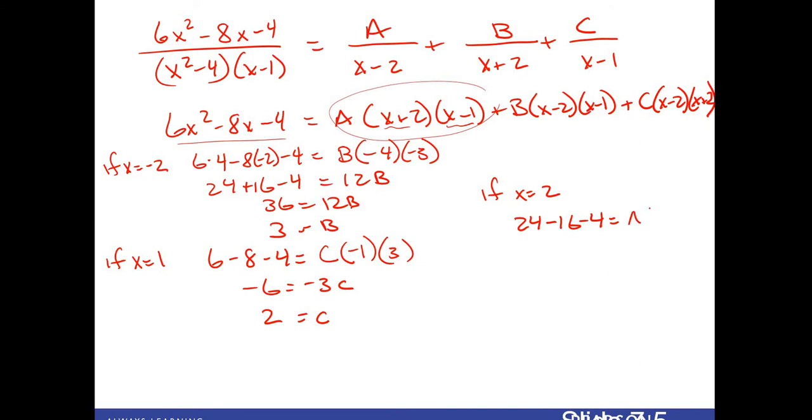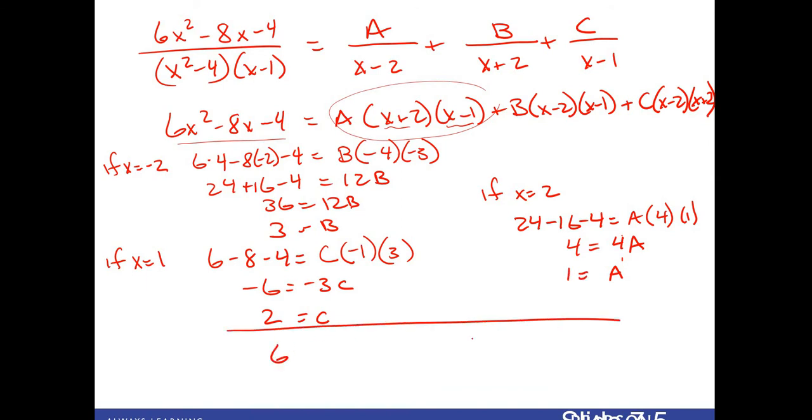So I have a times 4 times 1. On the left, 24 minus 20 is 4 equals 4a. So a equals 1.